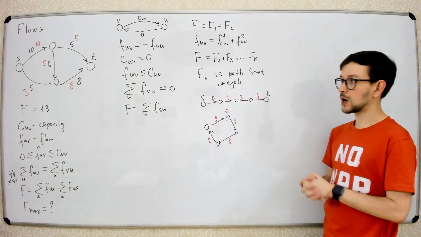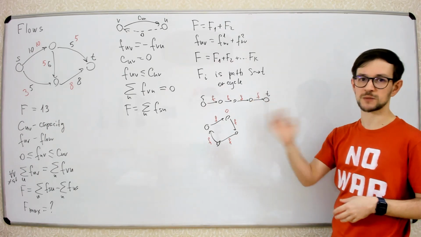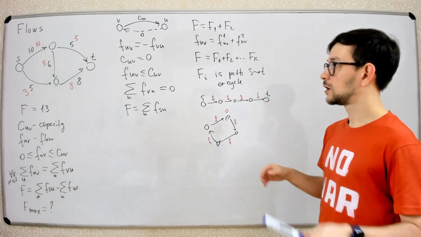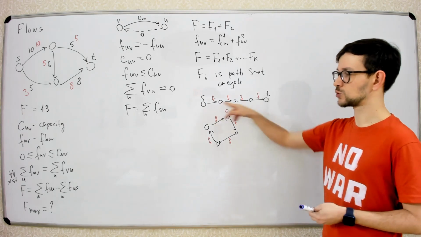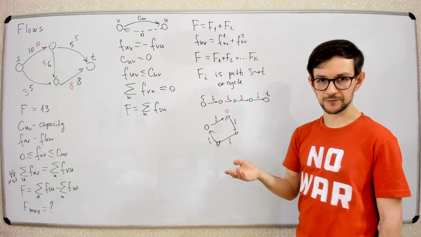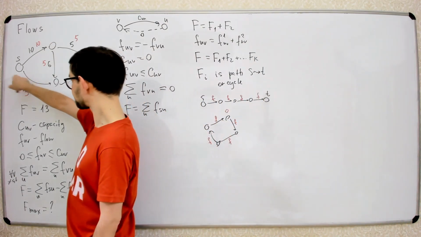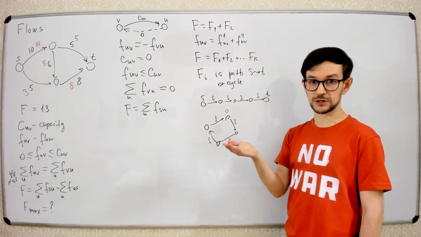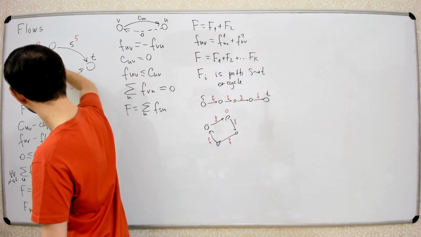How do we do it? We take the graph and try to find some path which we can subtract from the flow. Let's find any path from S to T such that the flow for each edge is positive. We start from the source and take any edge with positive flow, for example, this edge.